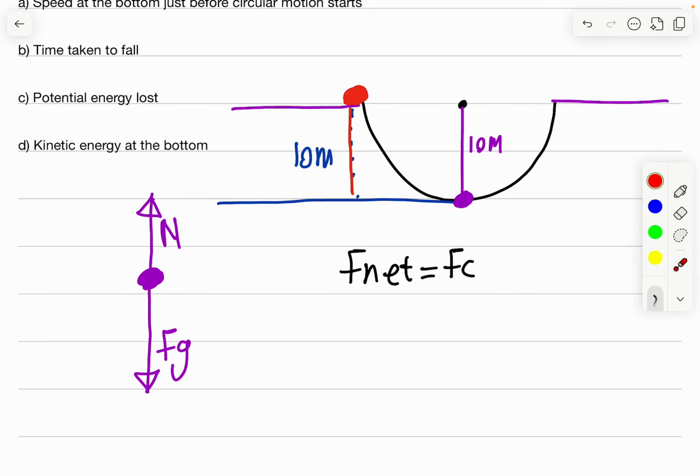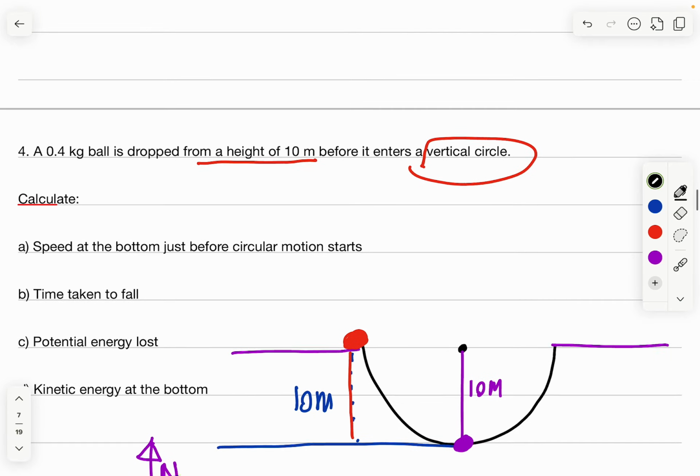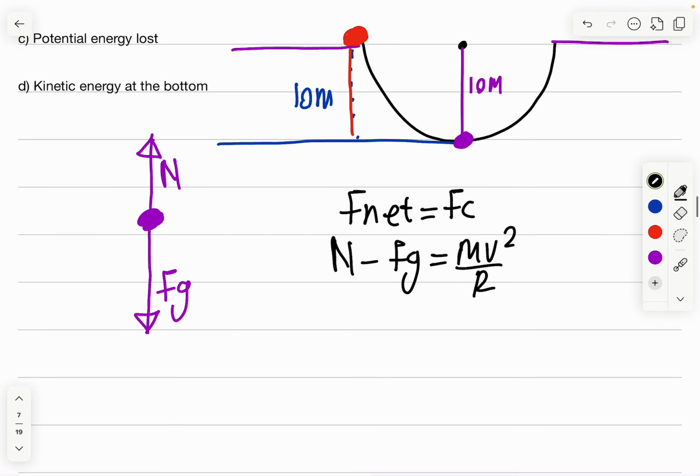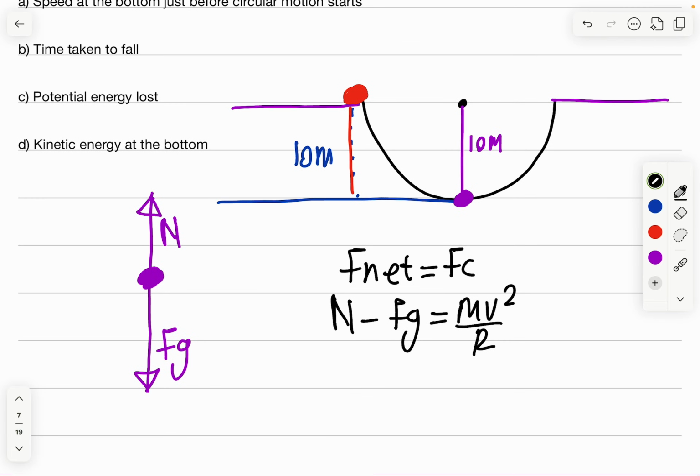So I'm going to say normal force minus Fg equals Fc, or I can say m v squared divided by the radius. Since they want the speed, they want the velocity, what is the normal force and what is the Fg?